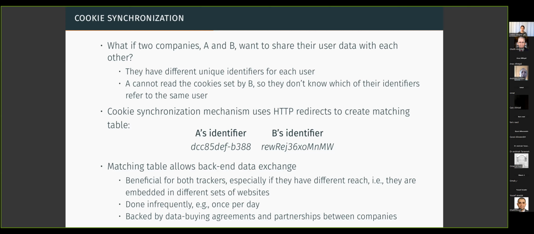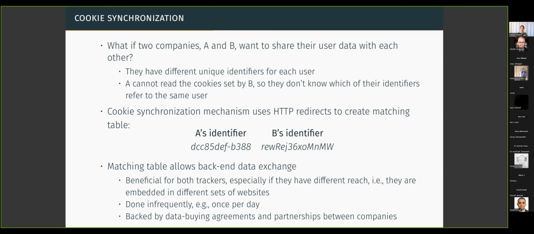And then based on this matching table, they can exchange their server-side databases about the users just purely in the backend. So this exchange of data in the backend wouldn't be visible to the user. And from a company side, this is great because those two websites or those two trackers, they will see a different share of websites.